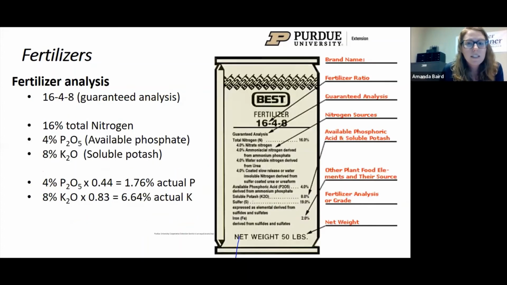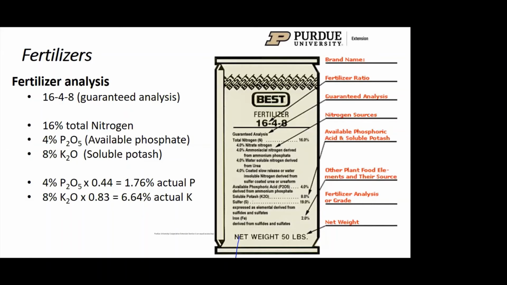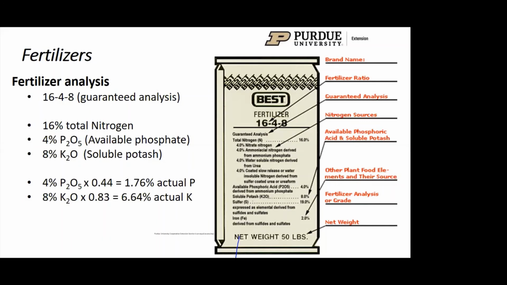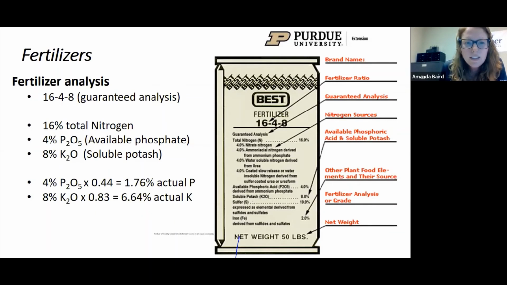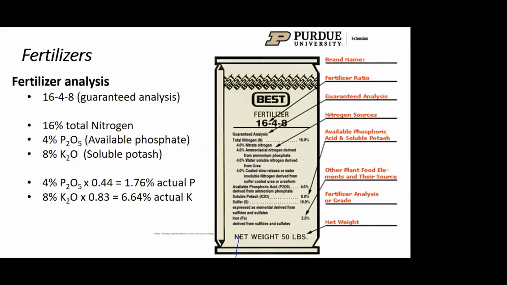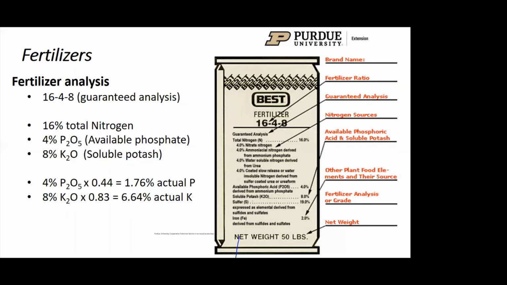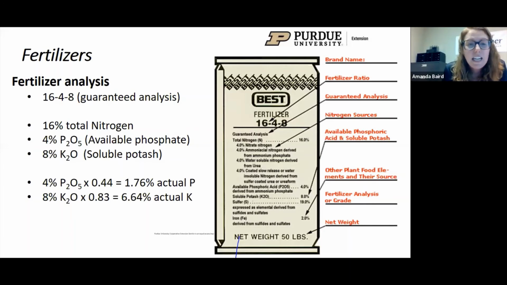And what that means is, if we look here at this graph, imagine that this is a bag of fertilizer. Every bag of fertilizer is labeled with 3 numbers. So here we can see that we have our 16, 4, 8. That is the guaranteed analysis of the percentages of nutrients that are going to be in this bag. Now the 16 is going to be our nitrogen, then our 4% is going to be our phosphate or our phosphorus, and 8% is going to be that potassium.